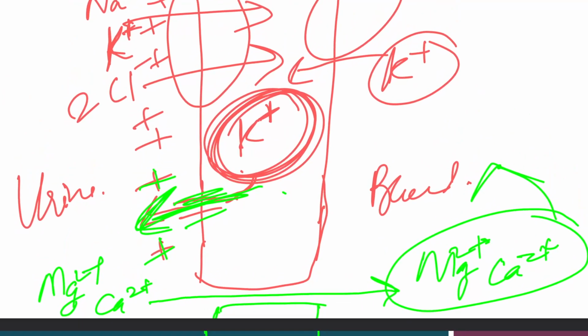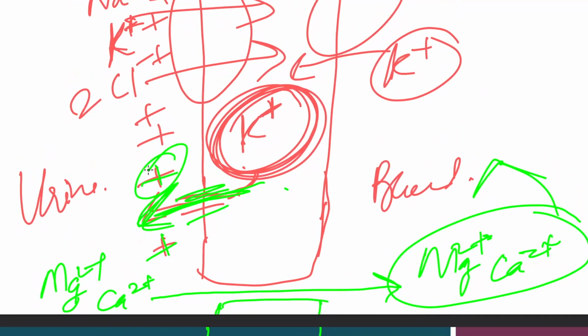All of this is due to the positive potential on the luminal membrane, caused by the potassium leaking out.